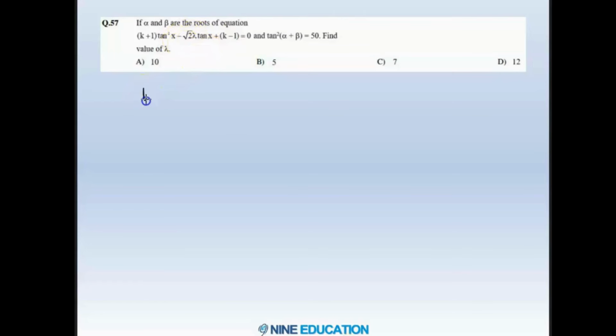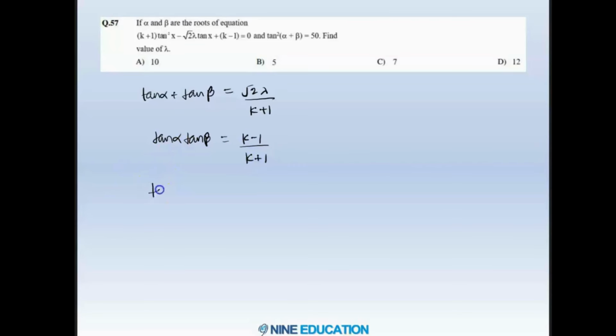The sum of roots, tan alpha plus tan beta, is minus b by a, that is root 2 lambda by k plus 1. Similarly, the product of roots, tan alpha tan beta, is (k minus 1) by (k plus 1), as per the c by a formula.